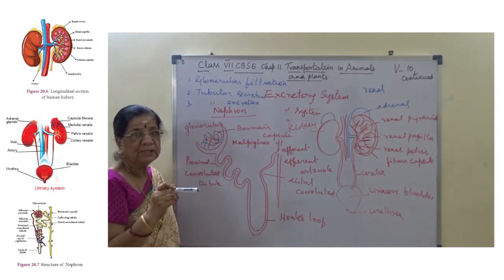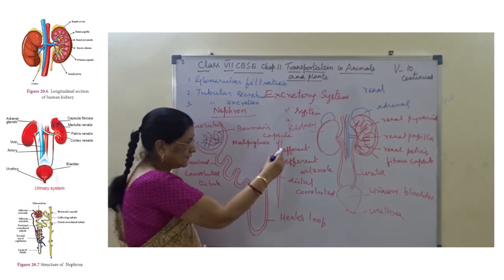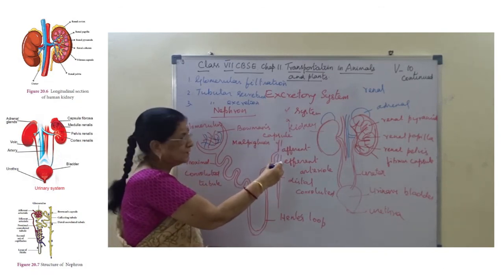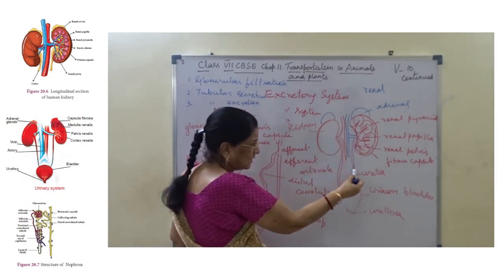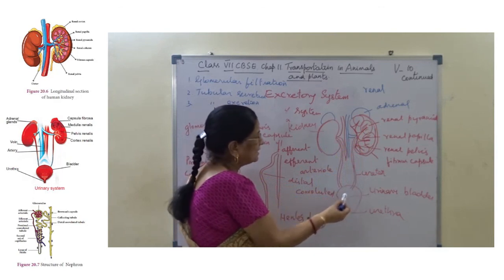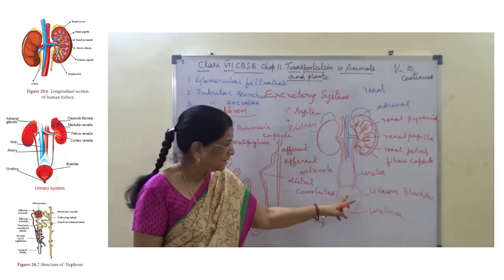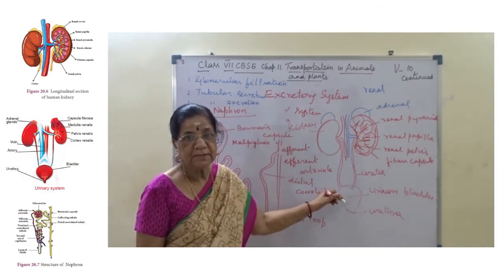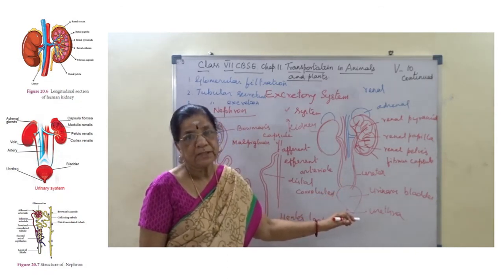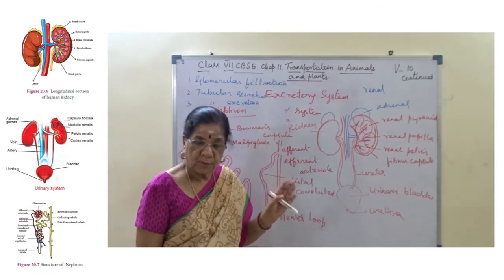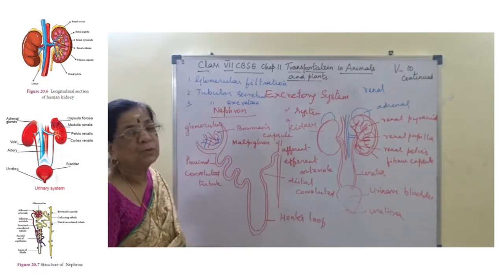Only urea and uric acid in the form of urine is sent out, reaching the collecting duct, and from the collecting duct in the medulla portion it emerges as the ureter, and is temporarily stored in the urinary bladder. When it is full, it is sent out through the urethra. This is the formation and disposal of urine.